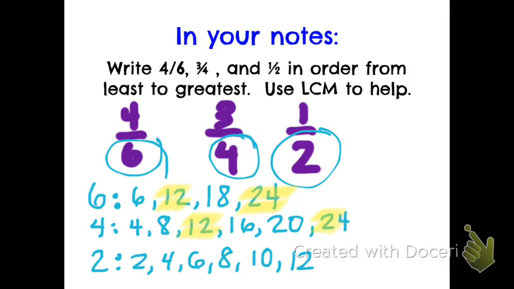I also know that because 24 is even, it would be a multiple of 2 as well, but we want the least common multiple, which means I want to use the 12. So I would not worry about the 24 for these problems, but I would worry about the 12. So all 3 of these fractions will be new fractions with the denominator of 12.